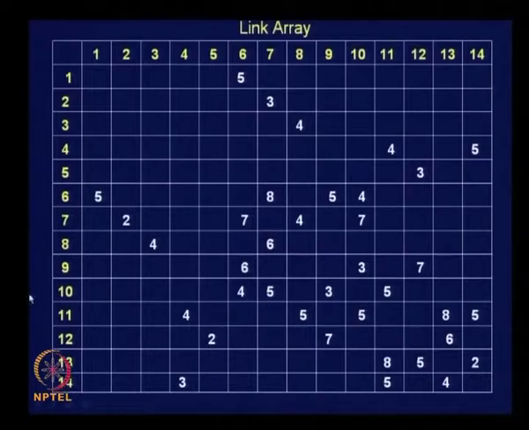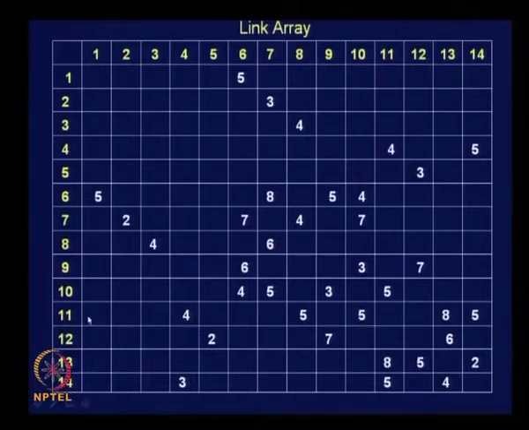So, when you consider node 8, look at the connectivities. It is connected to 3, 7 we have already seen, right. It is only one connection we need to consider, 8 to 3 needs to be considered. Then 11, 11 to 4, 11 to 8 and 11 to 10, 11 10 connection we have considered.